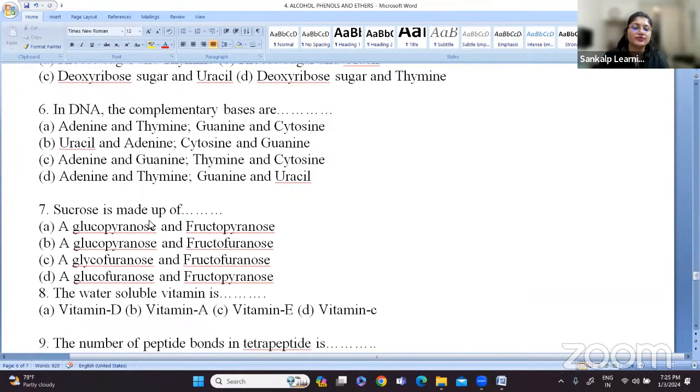Sucrose is made up of: A. Glucopyranose and fructopyranose. B. Glucopyranose and fructofuranose. C. Glucofuranose and fructofuranose. D. Glucofuranose and fructopyranose. Yes, students?